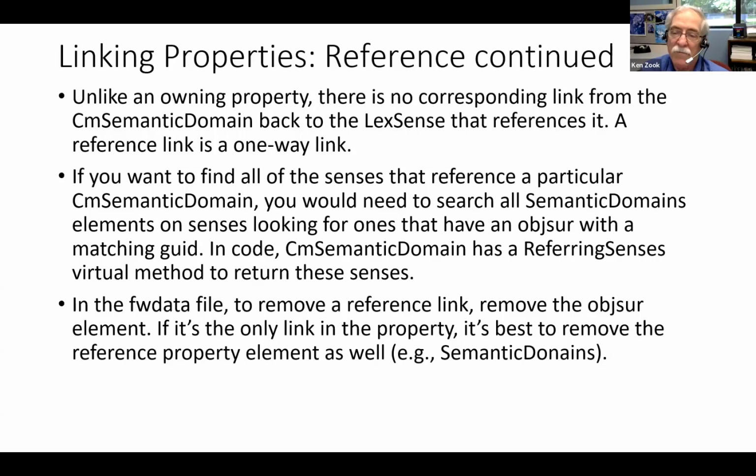In code, CmSemanticDomain has a ReferringSenses virtual method that will give you this information. And there are a lot of virtual methods that will give you the kind of information you'll probably need to go the other direction. In the FW data file, to remove a reference link, just remove the obj-sur element.